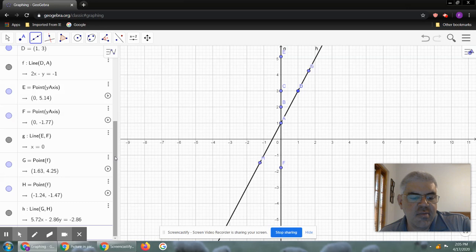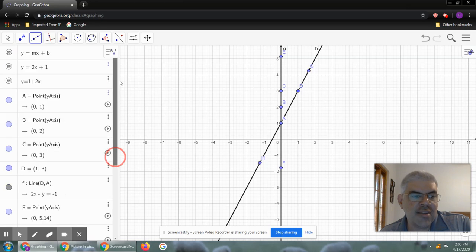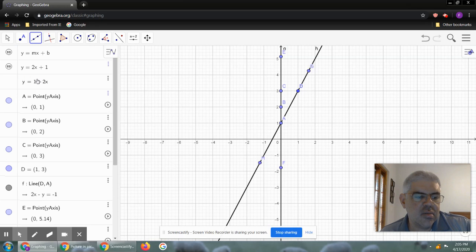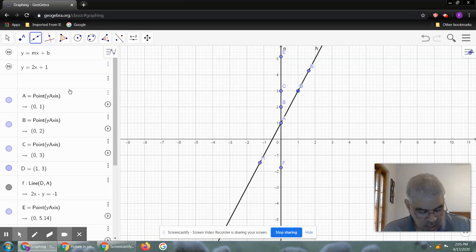And let's see if we can graph another function. Maybe I can use here, let me see if I can erase. Okay, so I need to look at my keyboard. Let's do the equation y equals 4 minus x. So what is my slope?